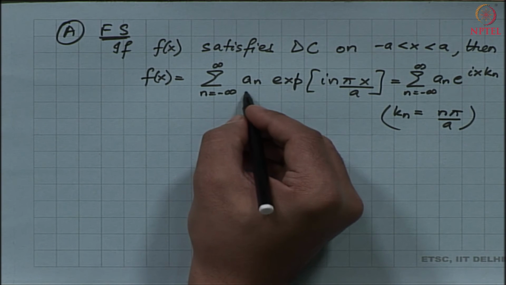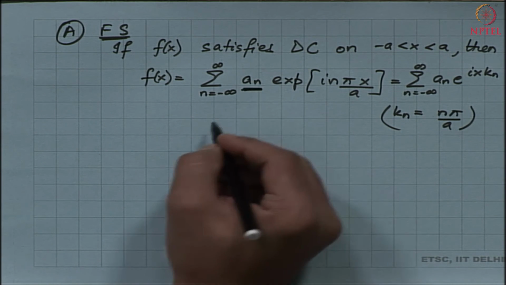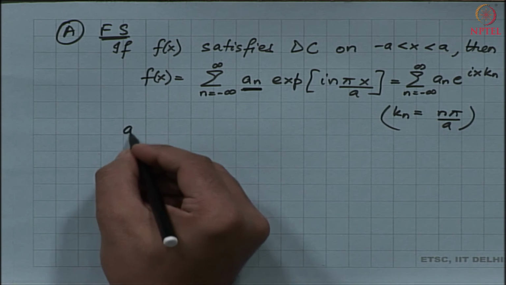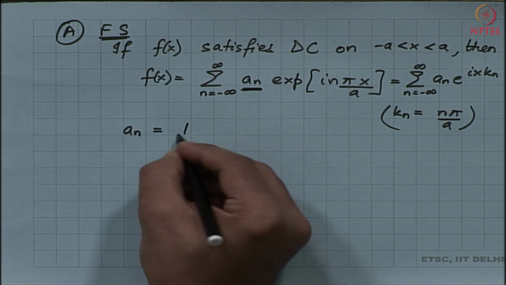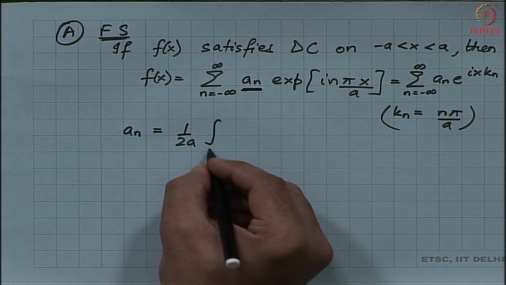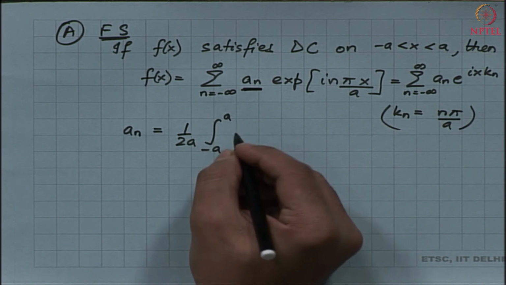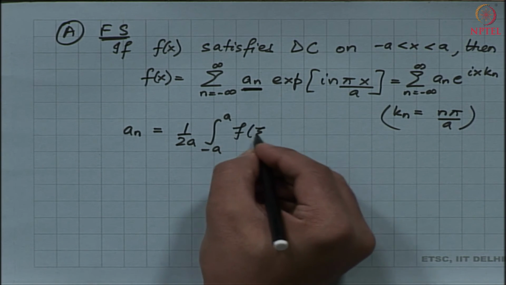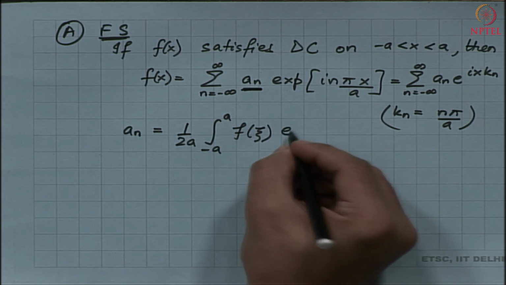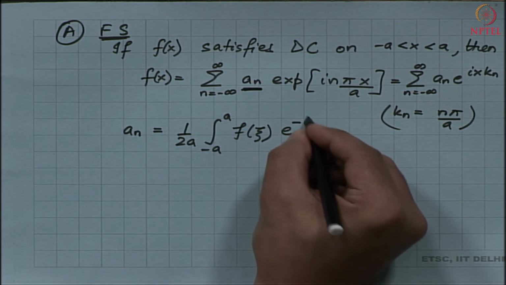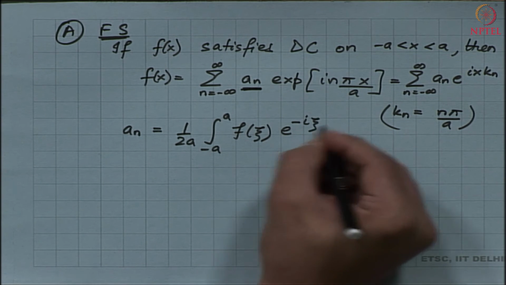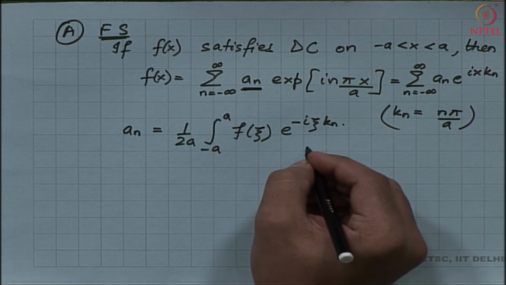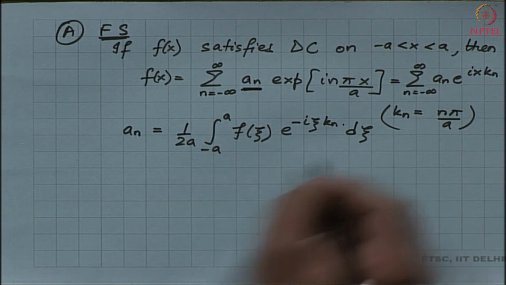Of course, we can always find these coefficients a_n by our orthogonality condition, where a_n is given to be 1 by 2a integral from minus a to a f of this dummy variable zeta e to the power negative i zeta k_n d zeta.